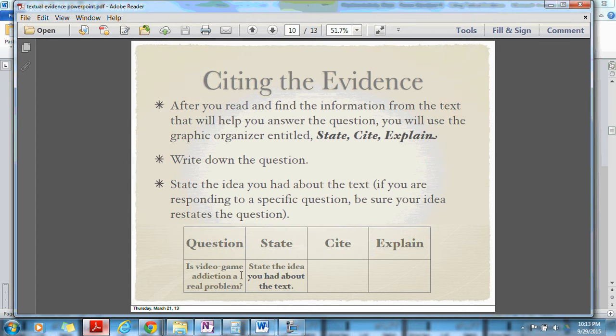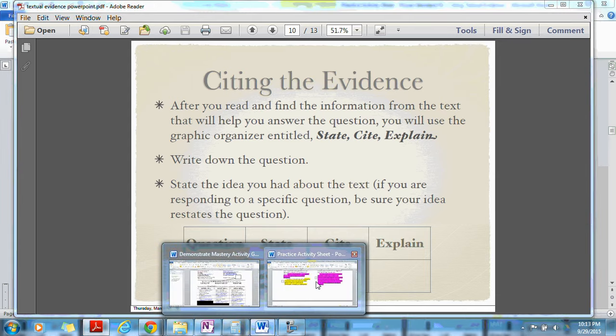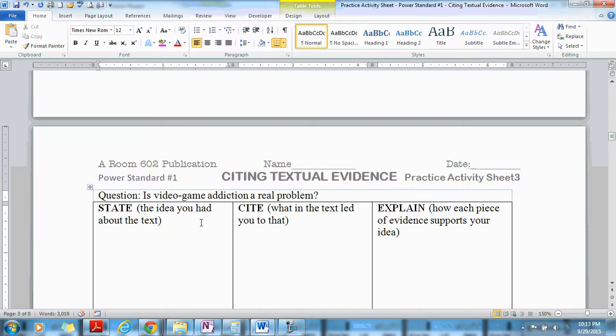Then state the idea that you have about the text. Based on what I've read, this is my idea about the text.